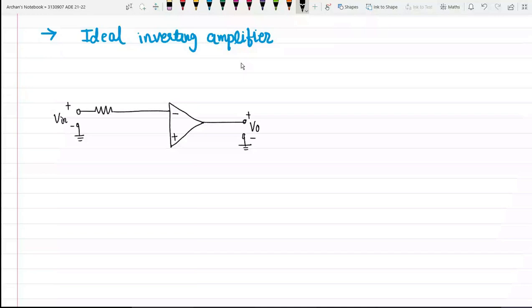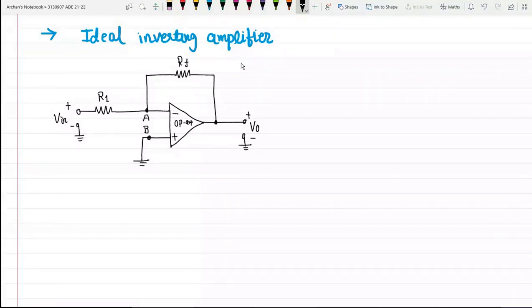This is my forward resistance R1, and we will connect one feedback resistor RF over here. This is R1, this is RF. I am grounding the non-inverting terminal. Say this is my terminal A, this is my terminal B, and this is what the op amp is. So this is the typical circuit of an inverting amplifier.